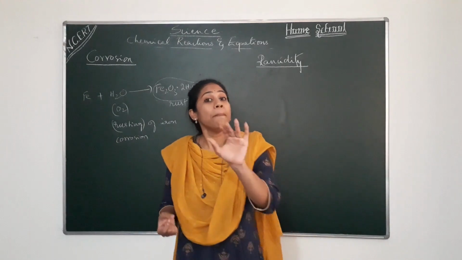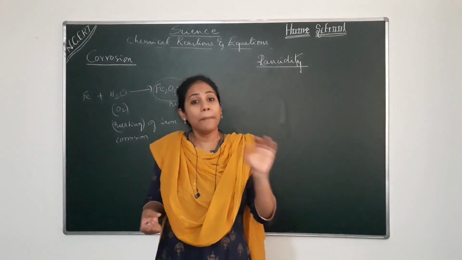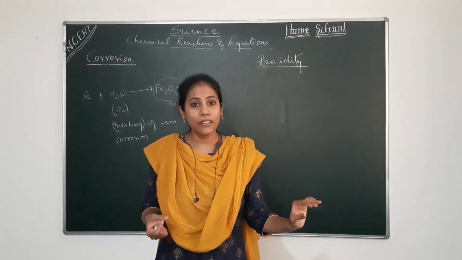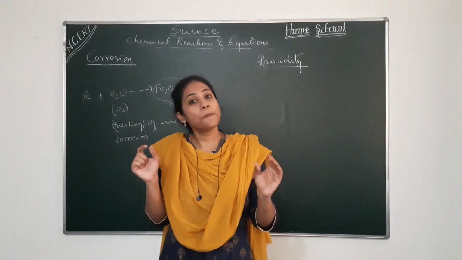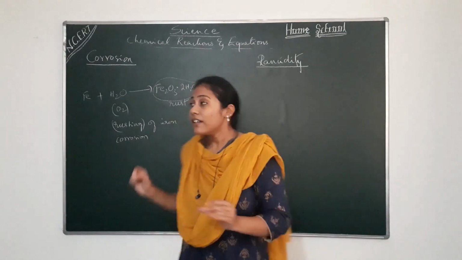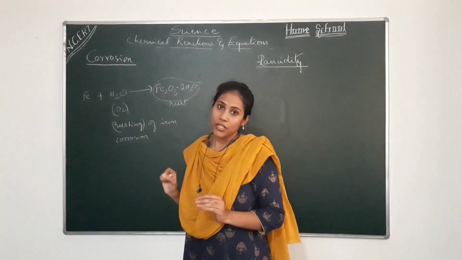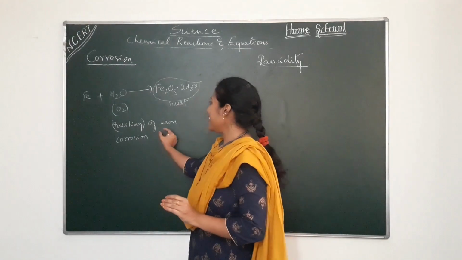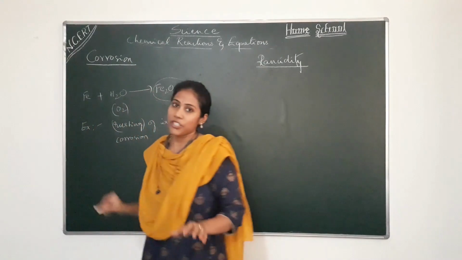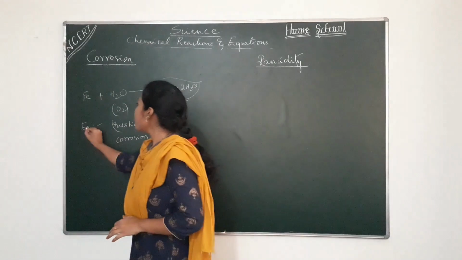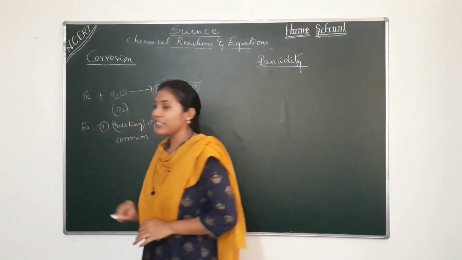That way the metals will get spoiled, destroyed. Such destruction of metals, when you expose them to the atmosphere, is called corrosion. So rusting of iron is one example of corrosion. This is the first example that you have to remember.